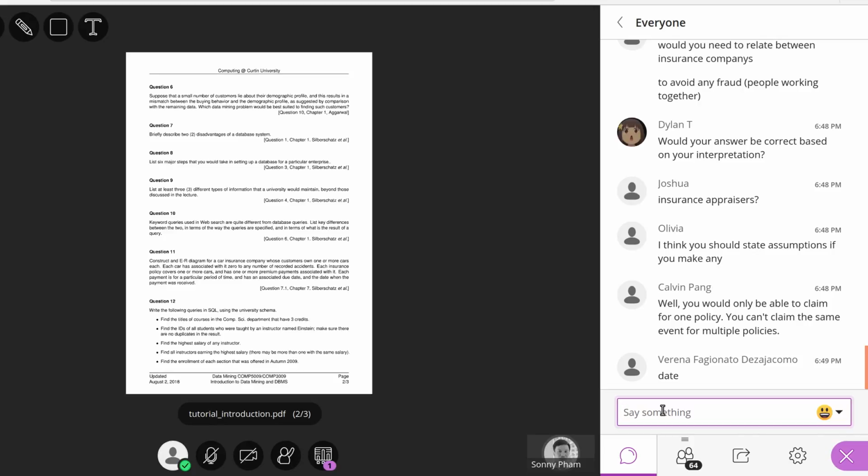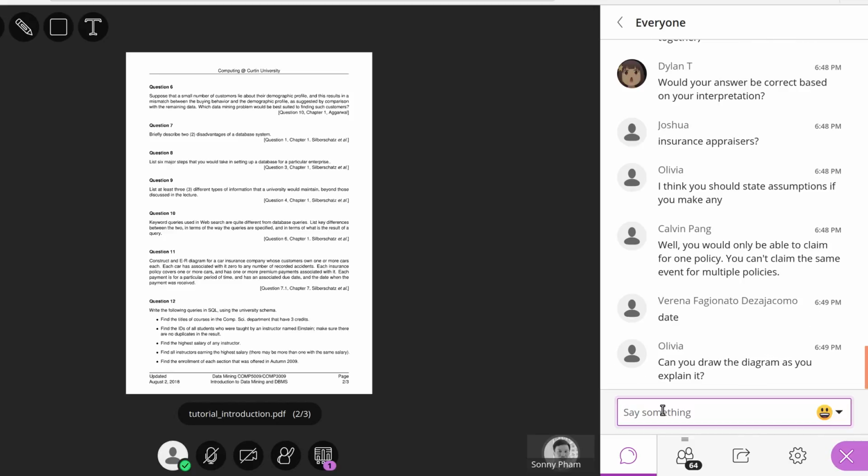They are two different entities, relevant in the context here. So I have an entity called customer, and I have an entity called car. What do you think is the name of the relationship between customer and car?